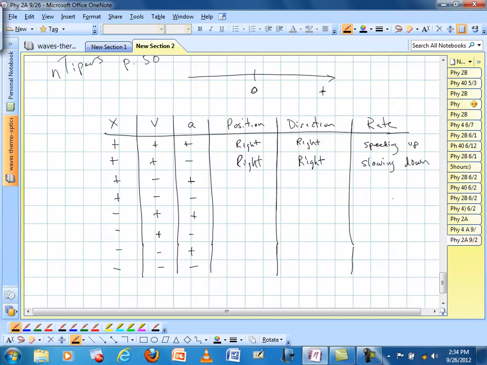So the point of this exercise is to get us to stop thinking that positive acceleration means it's going faster. That's one of the problems with physics. We use some of the same words that we use in everyday language, only we have very specific meaning in physics, how to use those words, and sometimes it's a little different.